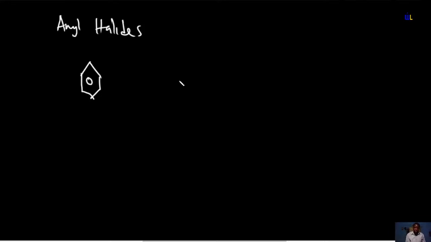If I want to react benzene with bromine, which is diatomic, and I want this to be a substitution reaction and not an addition reaction, I must introduce the catalyst aluminium bromide.